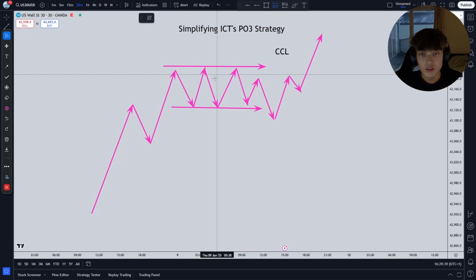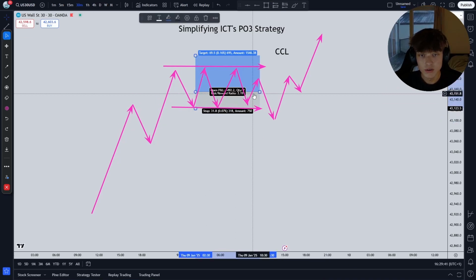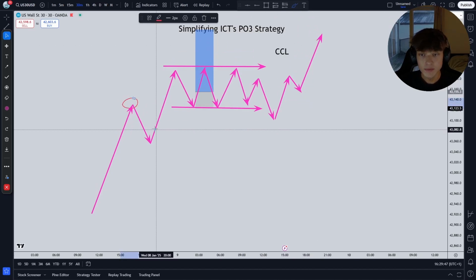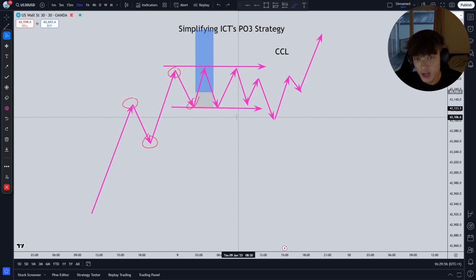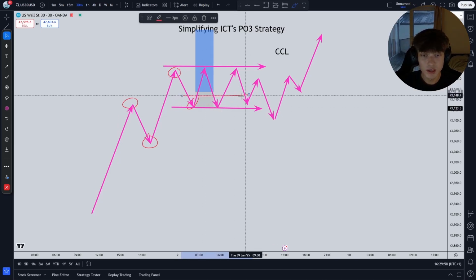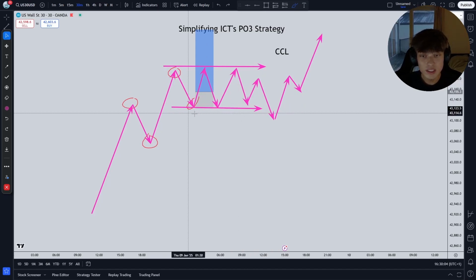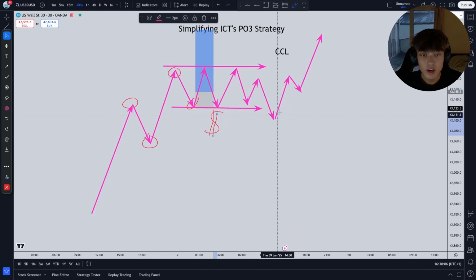There are retail traders and institutions that have gotten their stop losses right here, and they're targeting all-time highs or new higher highs, because it's basic market structure: high, higher low, high, higher low. But when price sets itself up at pre-NY, pre-New York session, it typically starts consolidating because it needs to clear all this sell side liquidity down here with a liquidity grab.